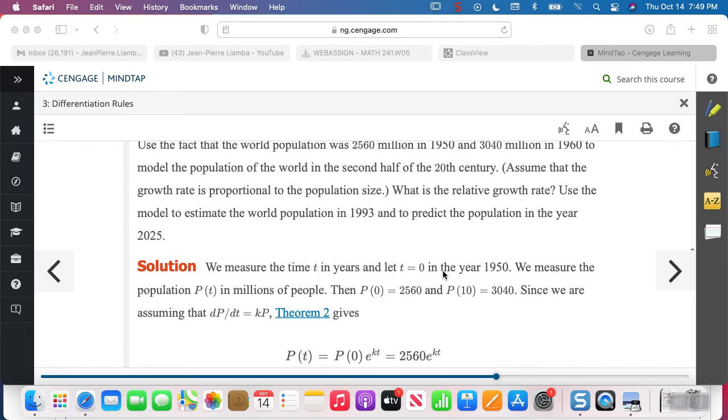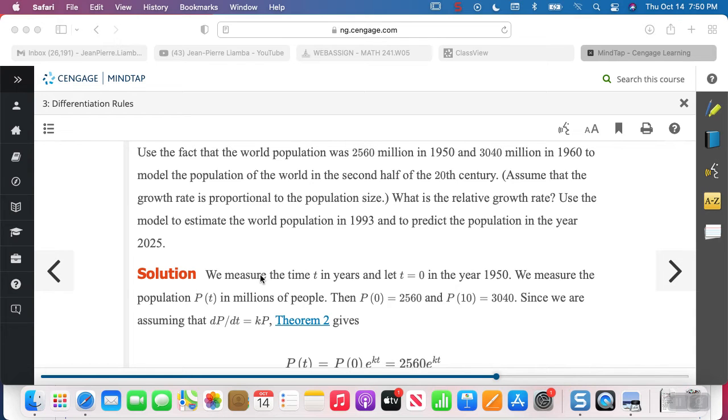Then use the model to estimate the world population in 1993, and also to predict the population in the year 2025. So the solution is this. First, we're going to assume that time t equals 0 will represent 1950. That's the beginning year that we're using for this problem.